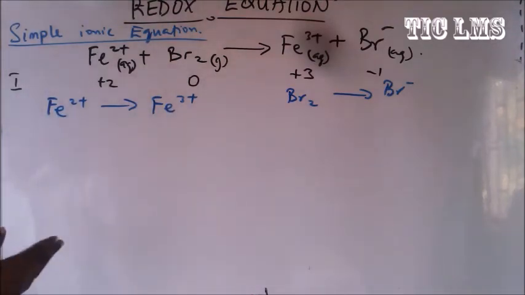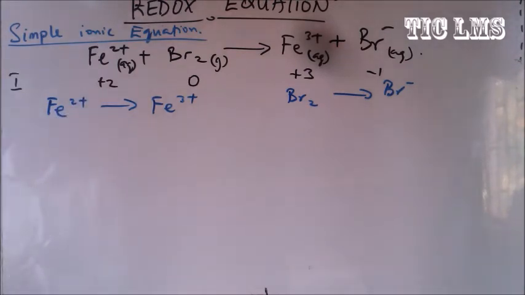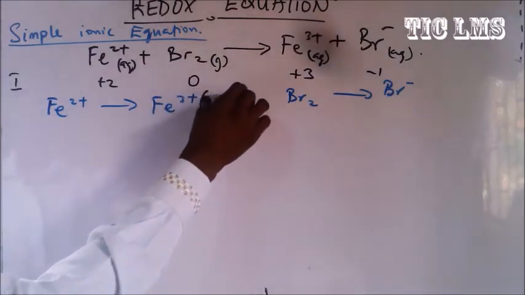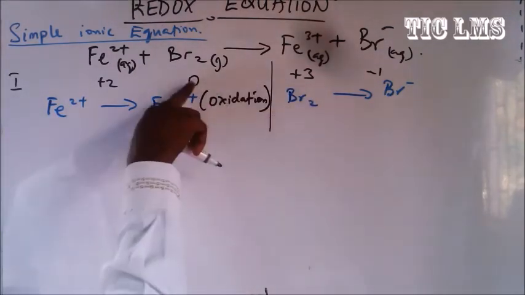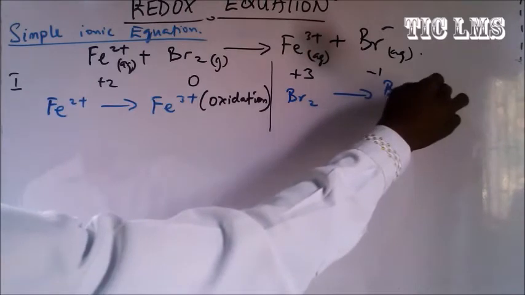And this means that iron has lost an electron. And when it loses an electron, that means we have an oxidation reaction here. So here we have oxidation. For bromine, which was originally 0, 0 has become -1. It means that it had gained an electron, and that is a reduction reaction.